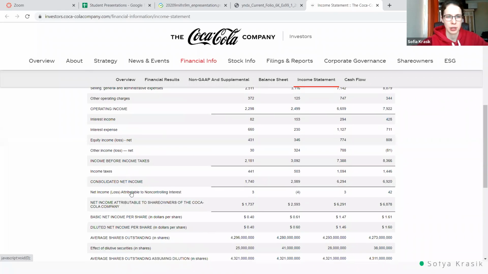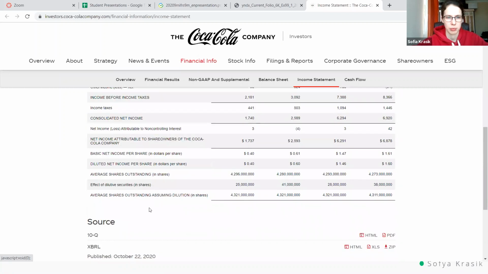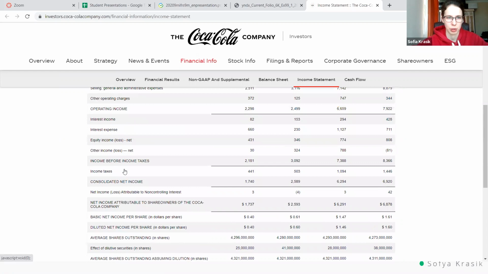So, and finally, we would come to the final net income. So income taxes, consolidated net income here. So here is the most interesting line in this table. And consolidated net income is what is stated, in our example, as net earnings.